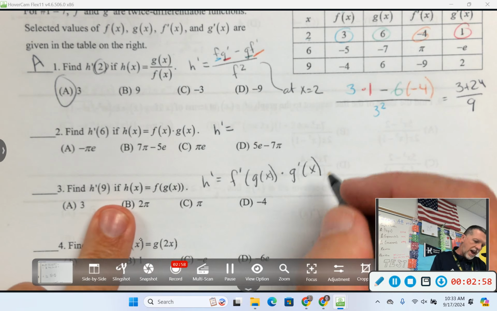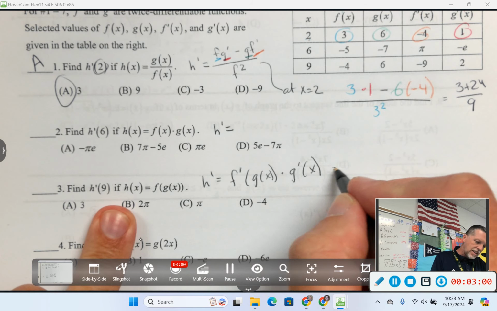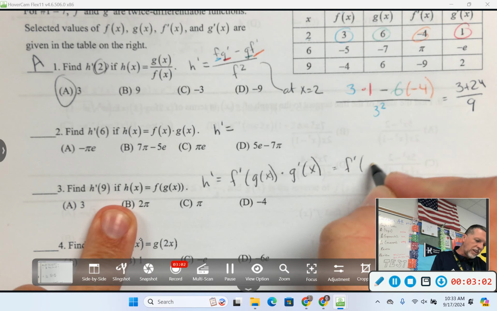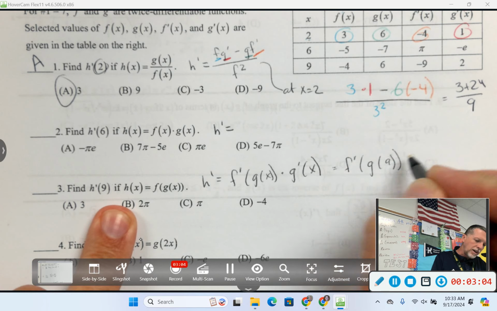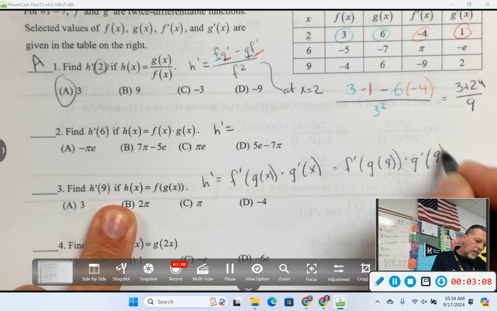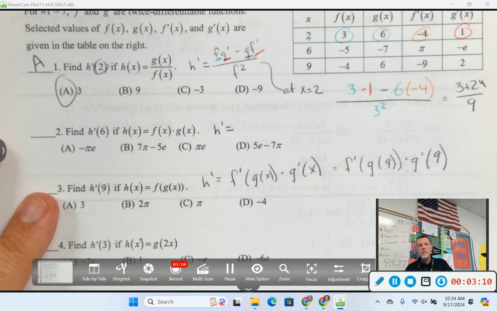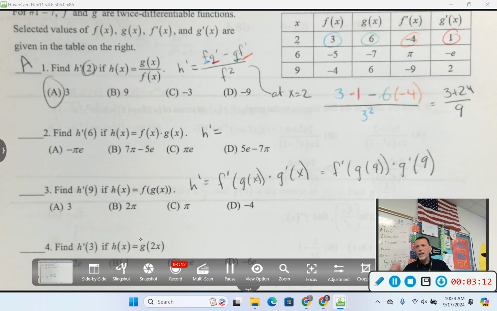And so at 9, this one, with all this nested stuff, I think it's probably wise to write it out, even though I did not do that last time.